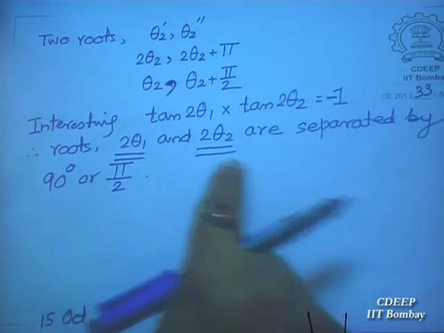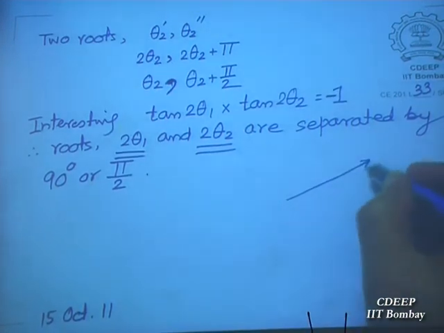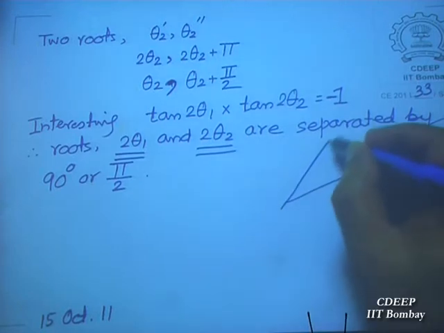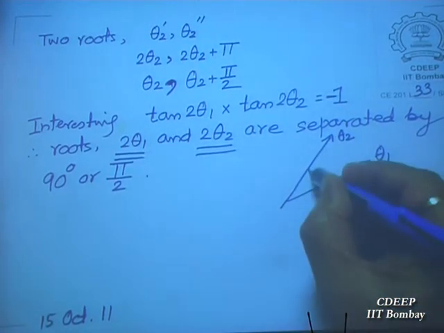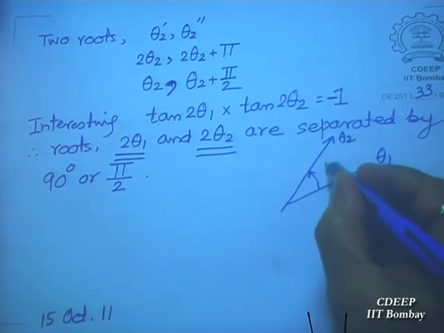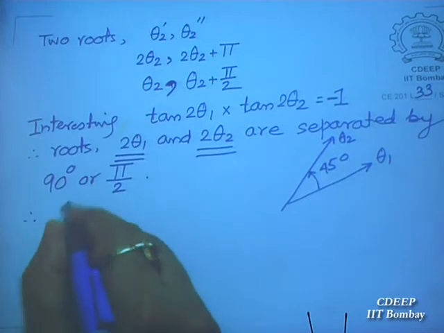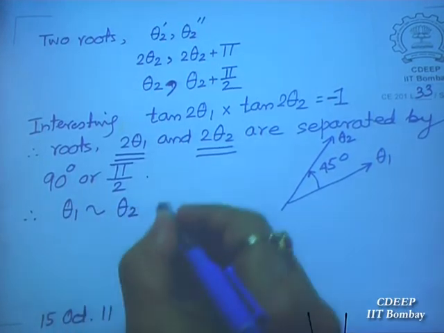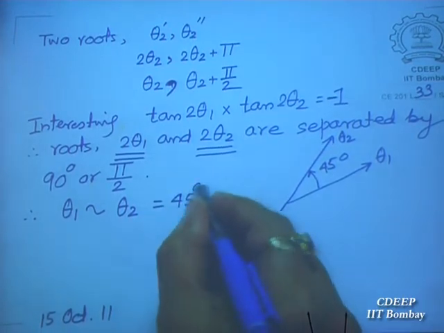If 2 theta is 90 degrees, what does it mean? If this is one direction, this is theta 1 and this is theta 2, then the difference between theta 1 and theta 2 should always be equal to pi by 4, 45 degrees.